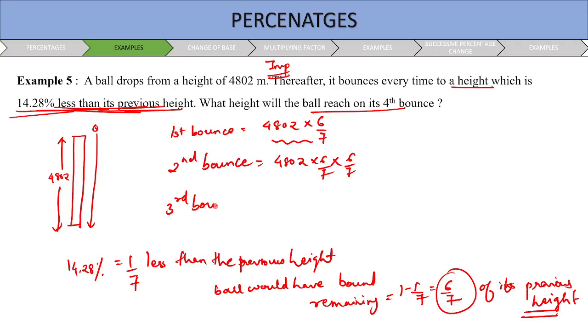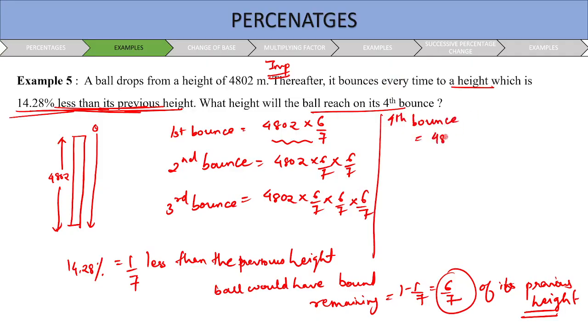Third bounce, it will be previous height into 6 by 7, which is 4802 into 6 by 7 into 6 by 7 into 6 by 7. So for the fourth bounce, its previous height is 4802 into 6 by 7 into 6 by 7 and into 6 by 7, and it is bouncing to 6 by 7 of its previous height.